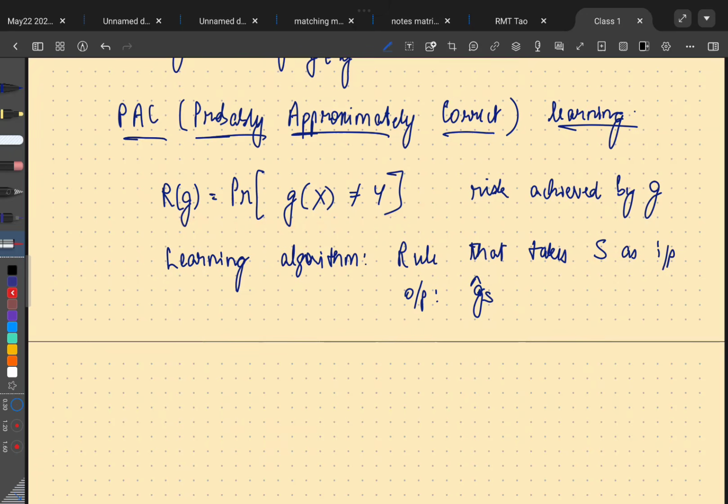If it's not matching, then we eliminate those functions in the set of functions which are giving incorrect outputs. But maybe in the data set that I have, every function G makes at least one mistake. That could happen. As I said, I don't guarantee that there is a function G that achieves zero risk.